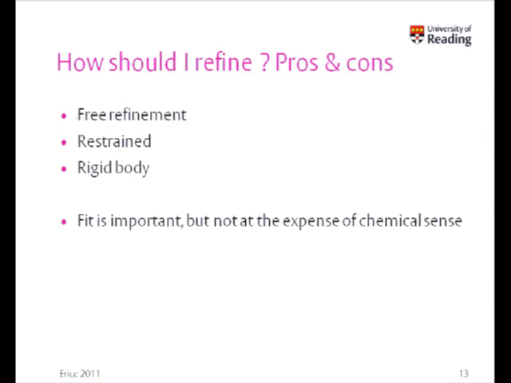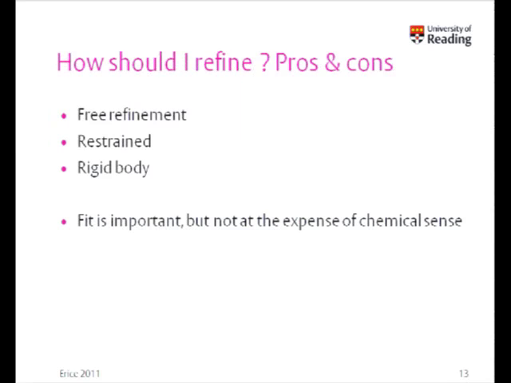Or you could go one notch higher in terms of restraints and say, no, I will actually refine my structure as a series of rigid bodies. The key thing, and we've heard this now several times to do with structure verification, is that the fit to the data is important, but not at the expense of chemical sense.